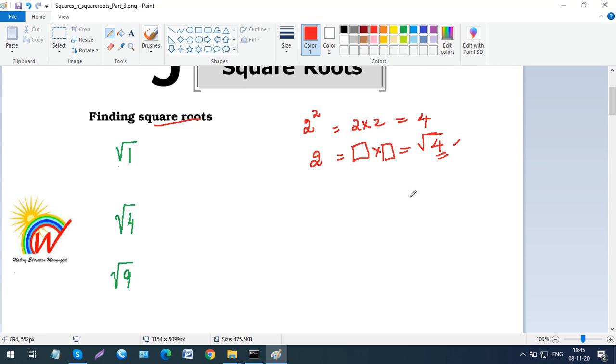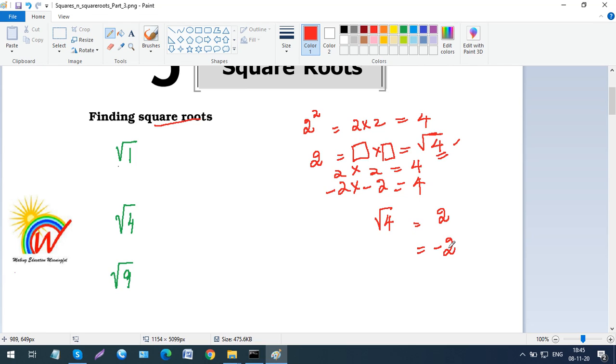But also minus 2 multiplied 2 times gives you 4, am I right? Both positive 2 and negative 2 multiplied 2 times give you 4. If I ask you the square root of 4, I don't know whether I got this 4 by multiplying 2 or by multiplying minus 2.